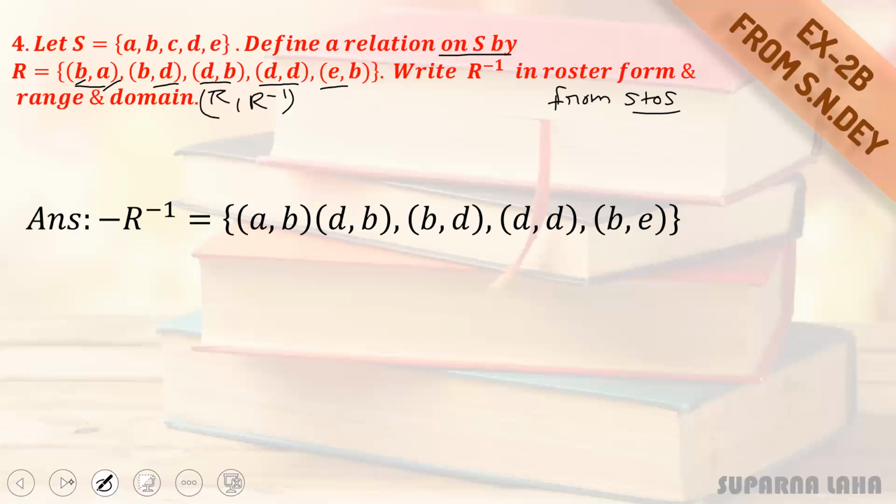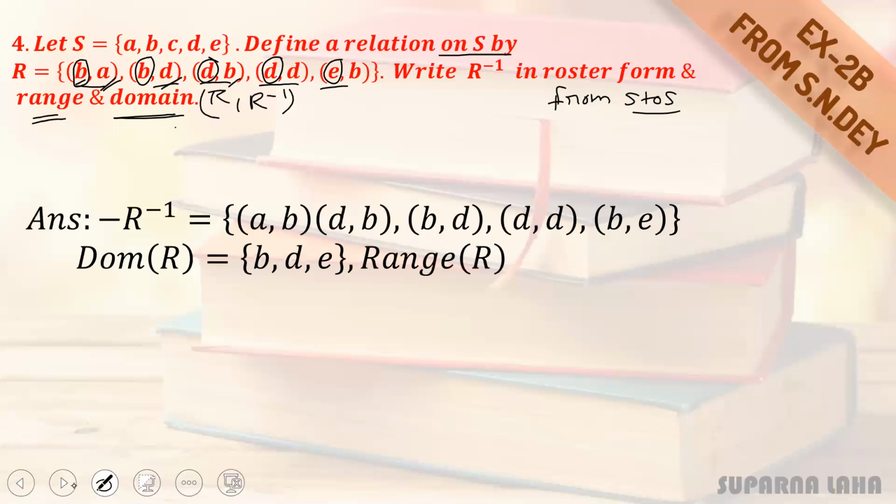So now write down the domain and range for this R. If we talk about the domain, domain is the first element: B, B, D, D, E. So B, D, E is the domain. And what is the range? A, D, B. Right? So write it down.